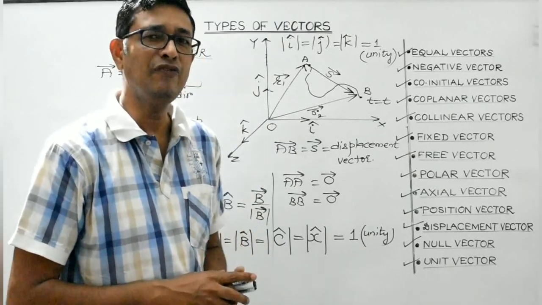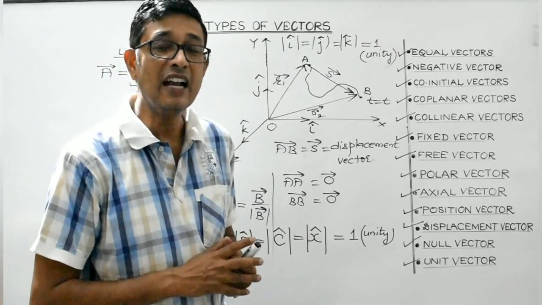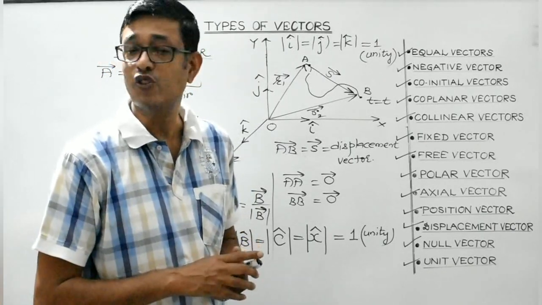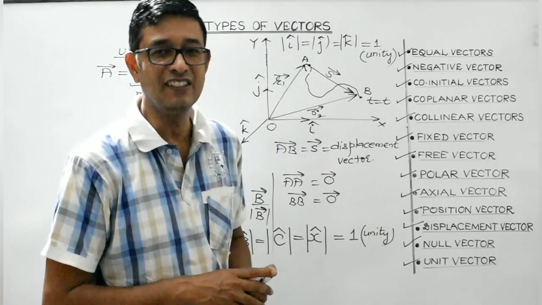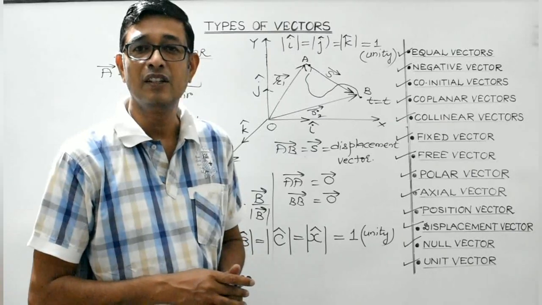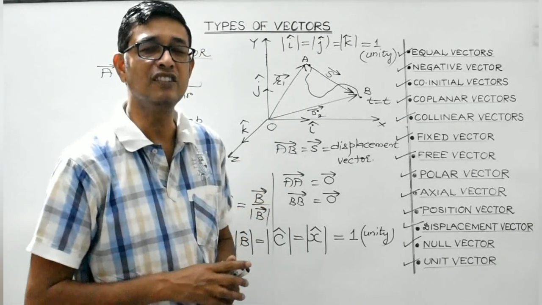Now look, there are some physical quantities whose direction is not specified and which have different values in different directions. Such quantities are known as tensors. The best examples are stress and pressure. These are examples of tensors.